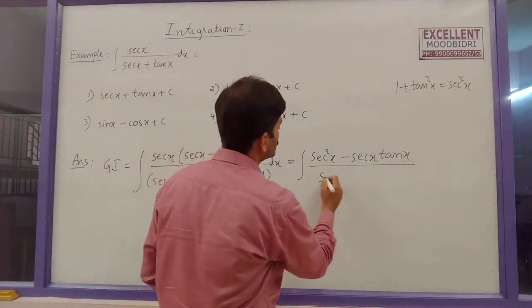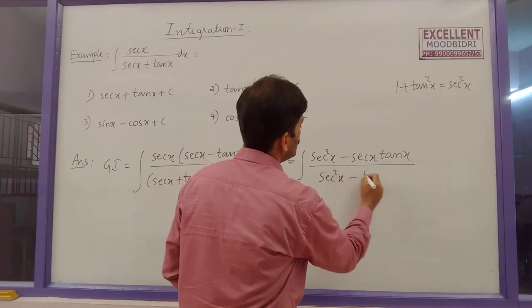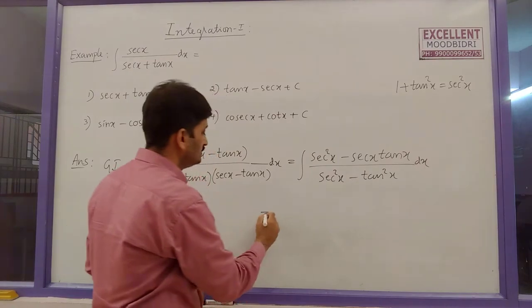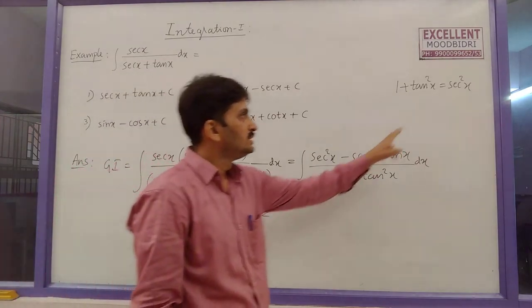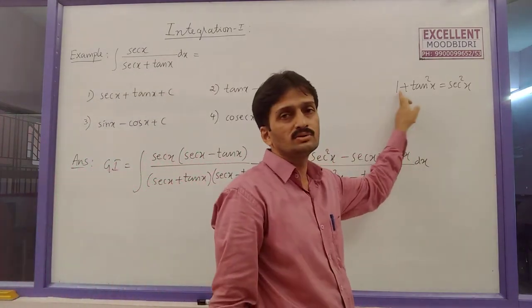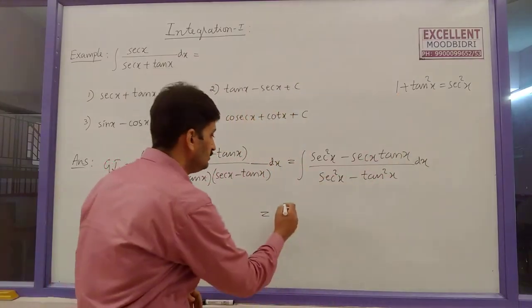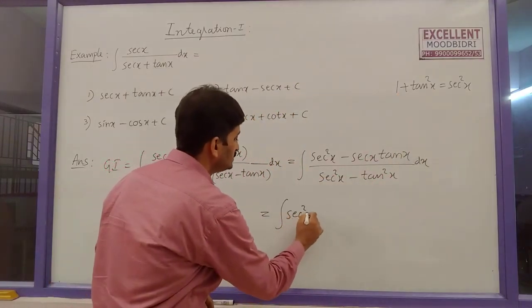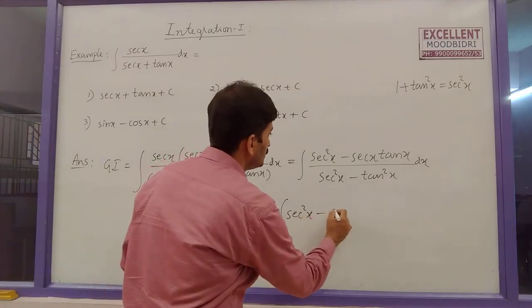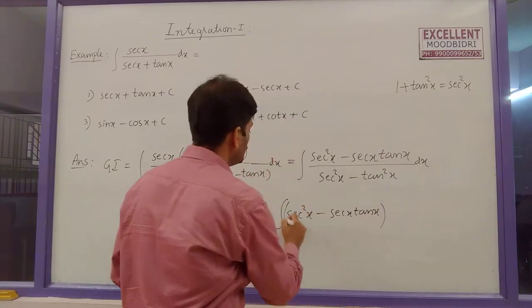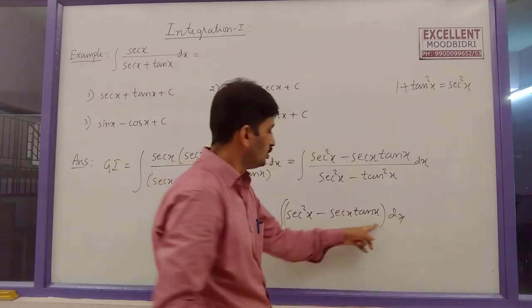So secant square x minus tan square x, correct? dx, which is equal to, now secant square x minus tan square x equal to 1. So the denominator is 1. So it becomes integration of secant square x minus secant x into tan x, correct? Whole divided by 1.